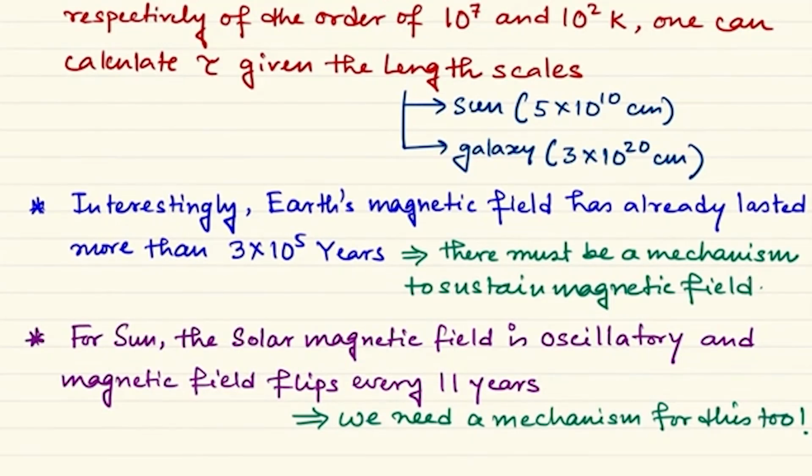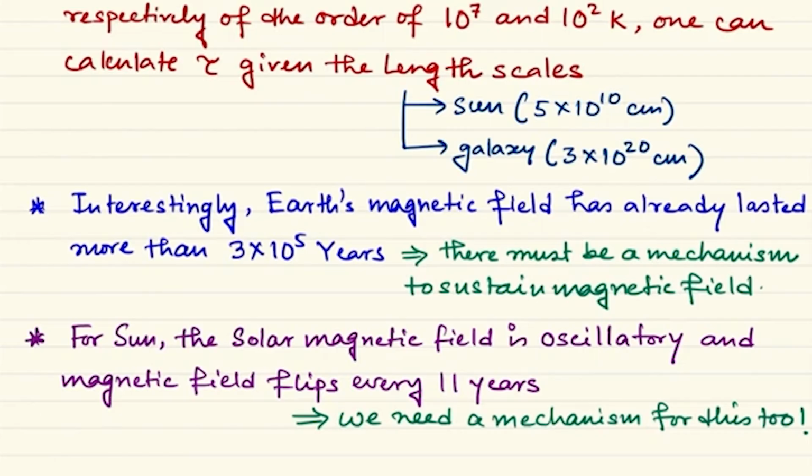Now interestingly, a very strange fact for Earth's magnetic field is that it has lasted for more than 3 into 10 to the power 5 years with a very considerable value.